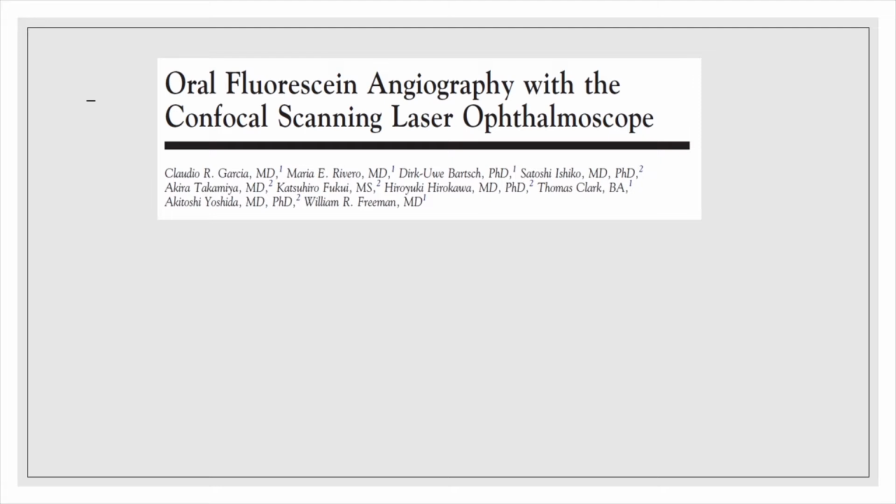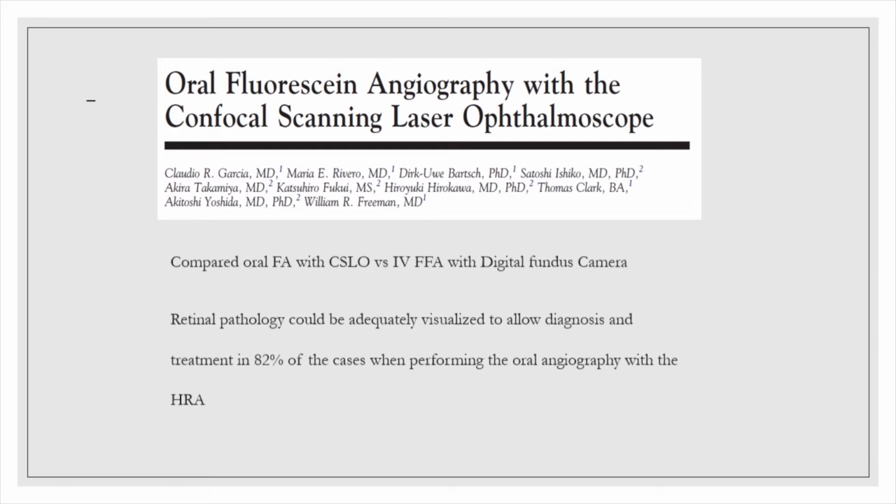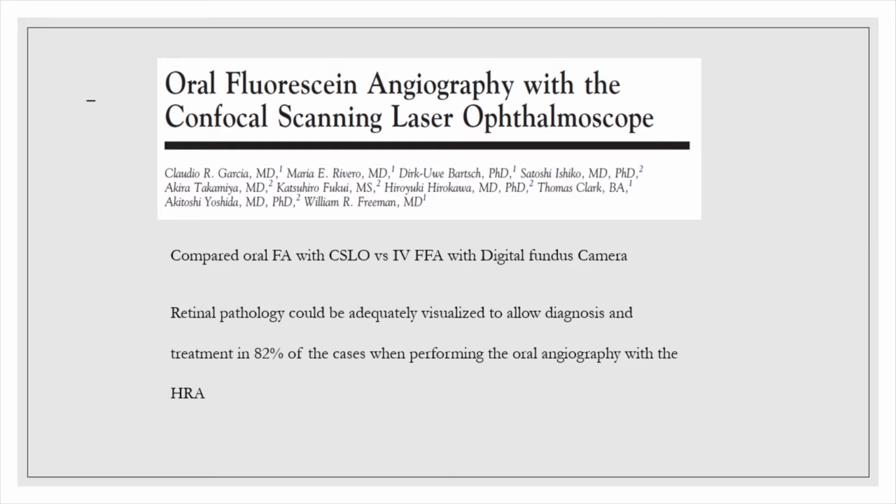But now with the advent of better technology, confocal scanning laser ophthalmoscopy, things are different. There are studies that have compared the oral FA on a scanning laser ophthalmoscope versus the IV FA on the digital fundus, and Claudio and Garcia et al. found that the retinal pathologies could be adequately visualized to allow diagnosis and treatment in 82% of the cases.